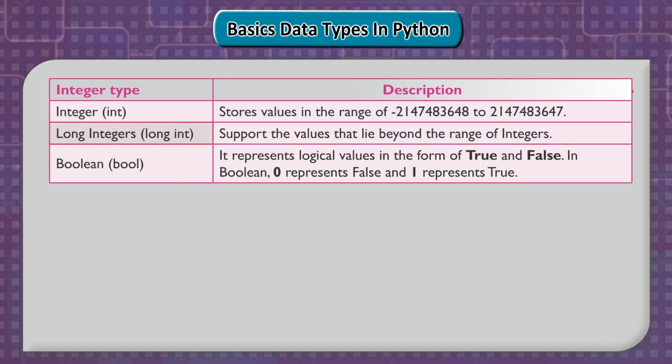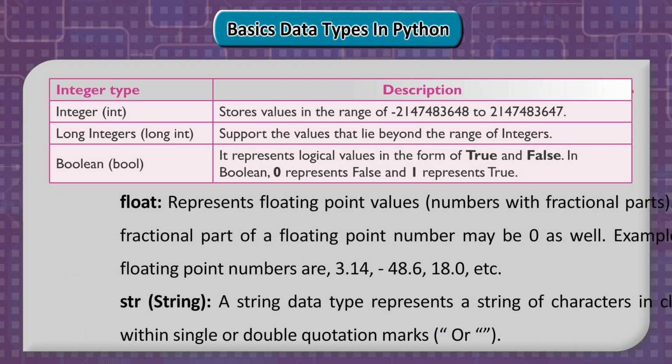Long integers, long int, support the values that lie beyond the range of integers. Boolean, bool. It represents logical values in the form of true and false. In Boolean, 0 represents false and 1 represents true.